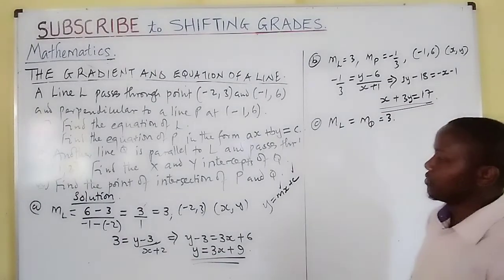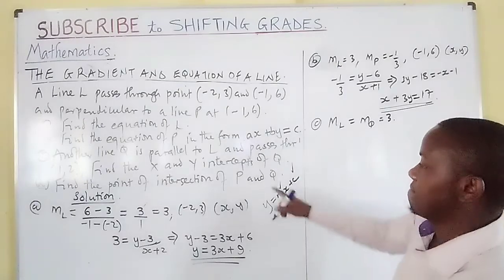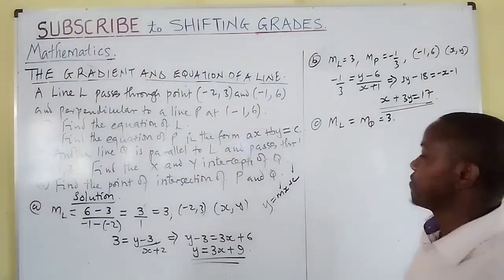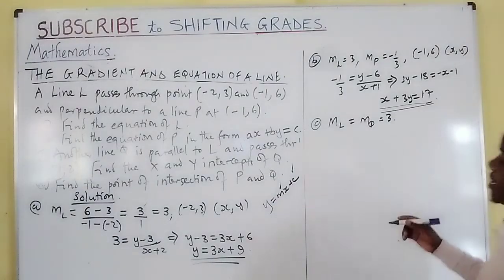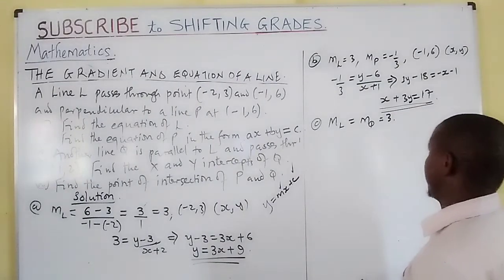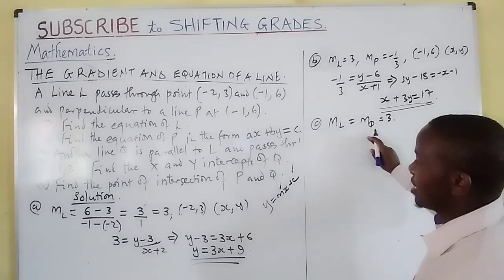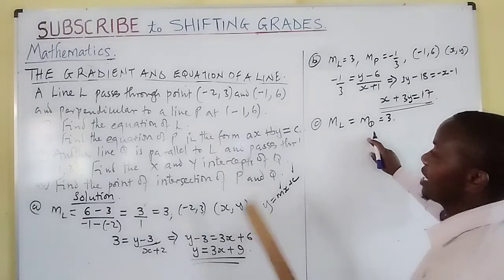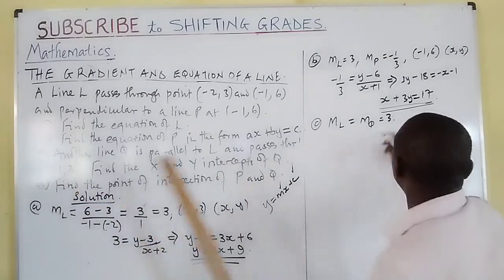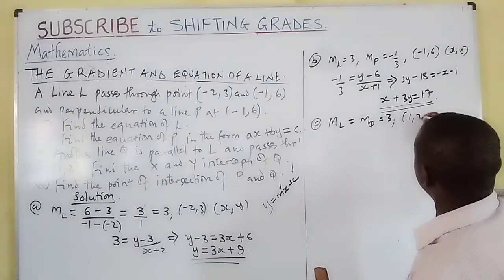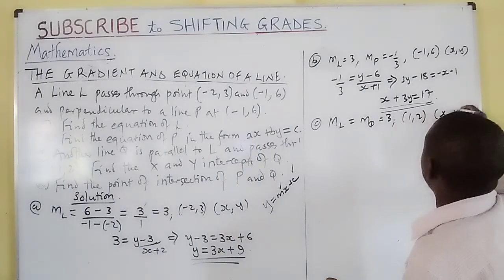Therefore, we are told to find the x and y intercepts of Q. Meaning, for Q, we first of all get the equation. They share the gradient, and line Q passes through point 1, 2. So with point 1, 2, we let another point x, y.